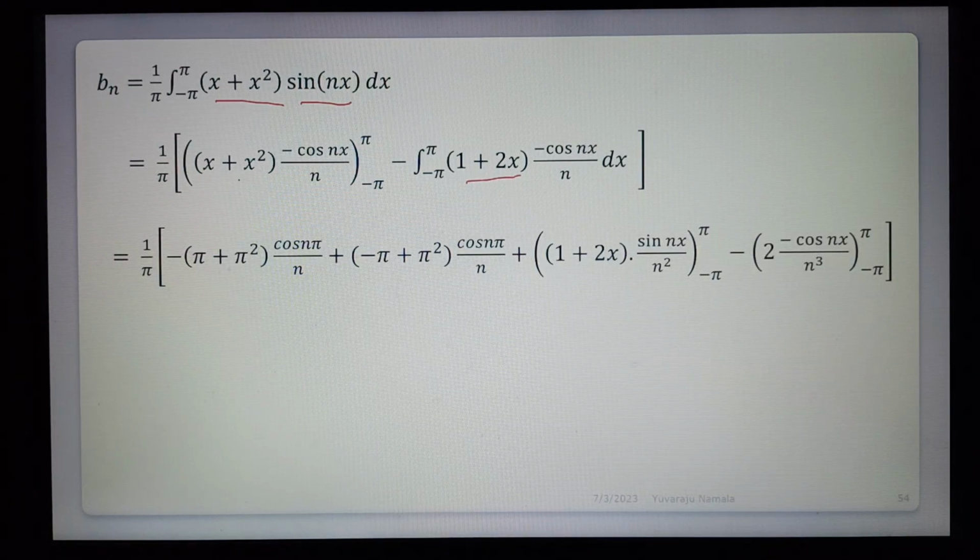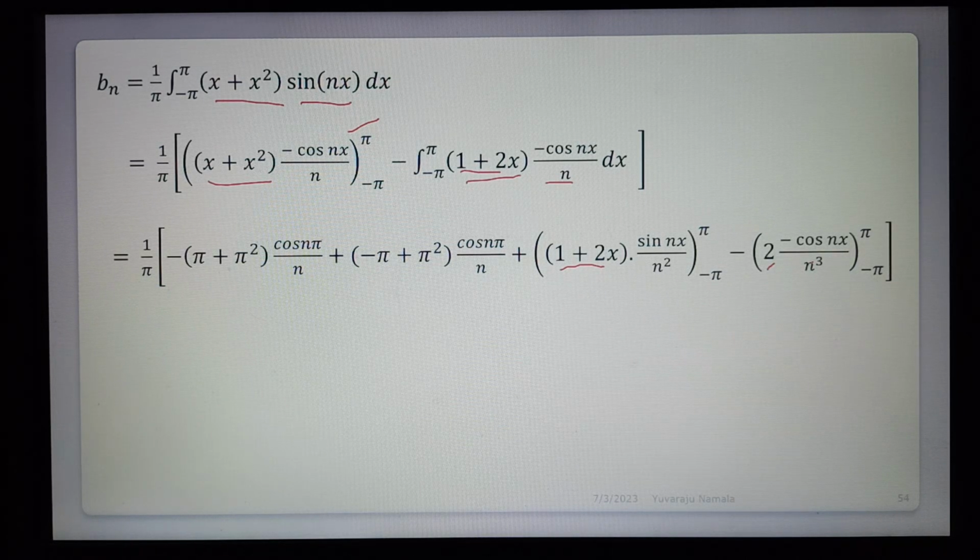So that is equal to 1 by 5 into, substituting the upper limit 5, minus of 5 plus 5 square into cos n pi by n, lower limit minus of minus plus minus 5 plus 5 square cos n pi by n. Here again the u into v method: 1 plus 2x into the integration of cos nx, sin nx by n square, n cube, with limits minus 5 to 5, the derivative of 1 plus 2x is 2, and the second integration of cos is minus cos nx by n square, so that is equal to n cube.